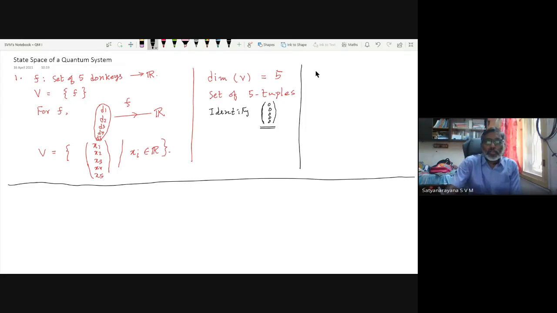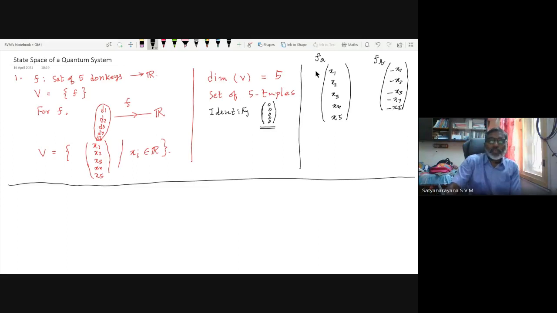What I'm saying about the inverse is, suppose I have x1, x2, x3, x4, x5. So this is one particular function. I will call this fa, for example. Then I will have another function fb, where this mapping will be minus x1, minus x2, minus x3, minus x4, and minus x5.